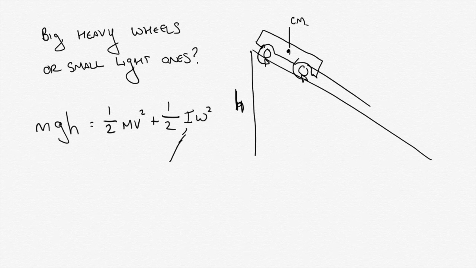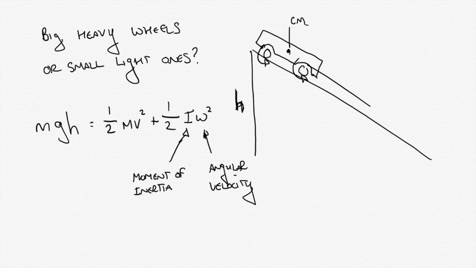Just in case you're in the early stages of learning this stuff, this I here is the moment of inertia, and omega is the angular velocity. The moment of inertia is a measure of how difficult it is to rotate something around a certain axis.